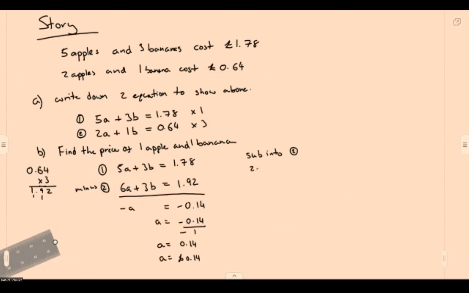So 2A plus 1B equals 0.64: 2 apples, 14 pence each, plus a banana is equal to 64 pence.